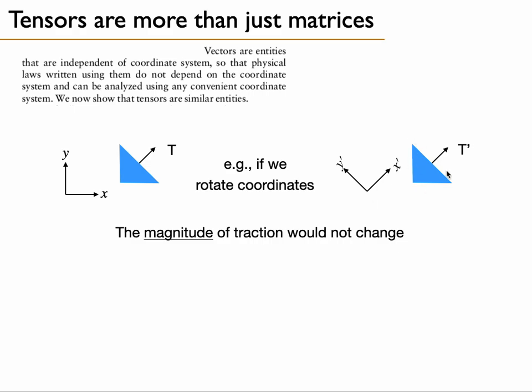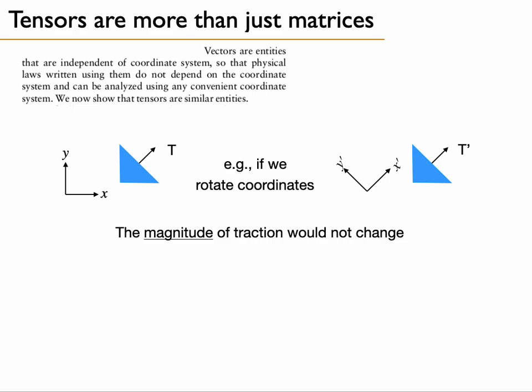But we have exactly the same situation. You understand that the traction here is the same as the traction in this case. It should not depend on the orientation of the coordinate system.